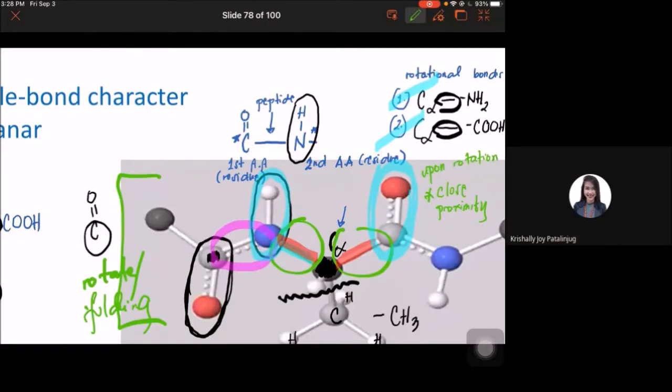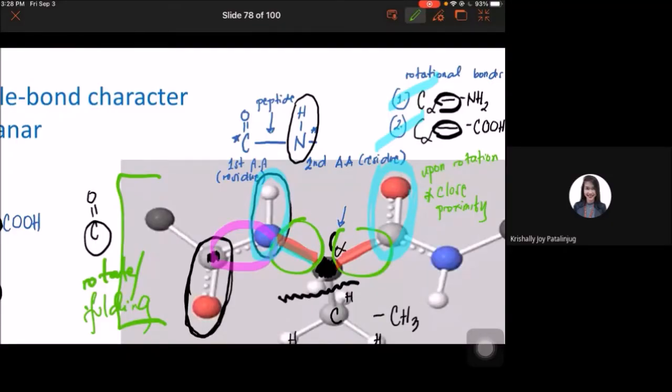In a chain ha, in a chain. Pag ikot, pag fold, magkadugol yung mga atoms. So close proximity, magkadugol. So kung magkadugol, magkakalapit sila ng distance, probably attraction ang mangyayari from atoms to atoms. Diba? Kasi malapit naman sila.